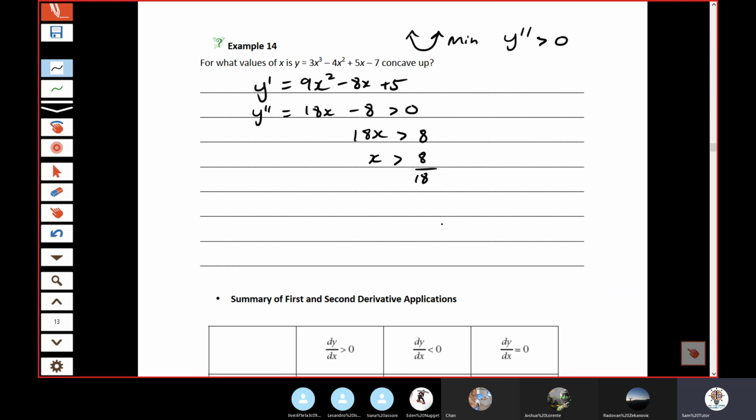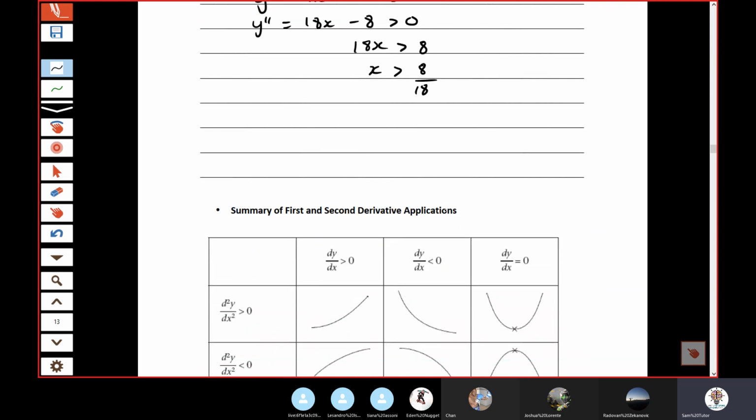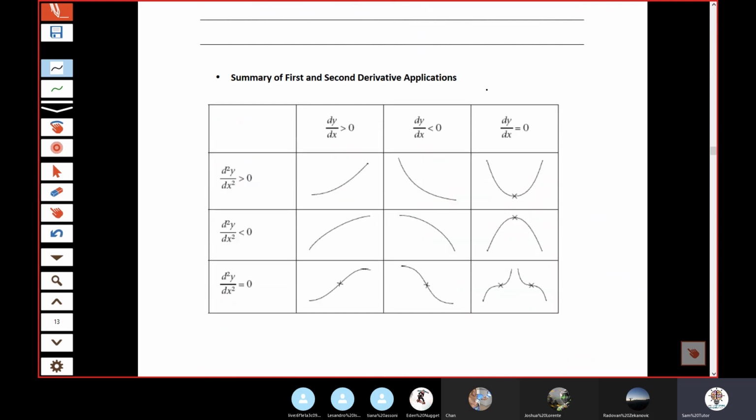Which essentially means, doesn't it mean that at 8 on 18, it's the point of inflection? Yeah, because from something else to that, for it to always be concave up. But you said equals 0, and when y double dash is equal to 0, you would have just solved for 8 on 18 anyways. All good. Done. All right.